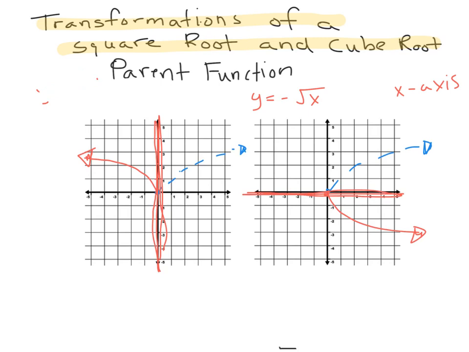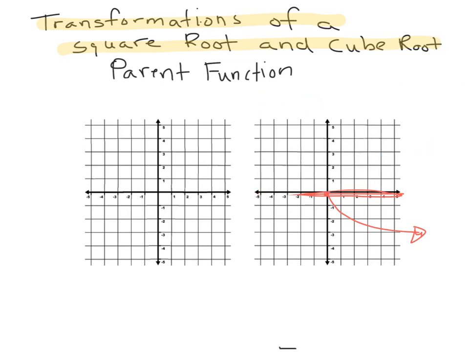So let me erase this real quick. So here's what would happen if you did both. So if you were to do this one, where you have y is equal to negative square root of negative x, the negatives are in both places. So the transformation, in how we would write it, is we'd say there's a transformation across the y-axis and a transformation across the x-axis.